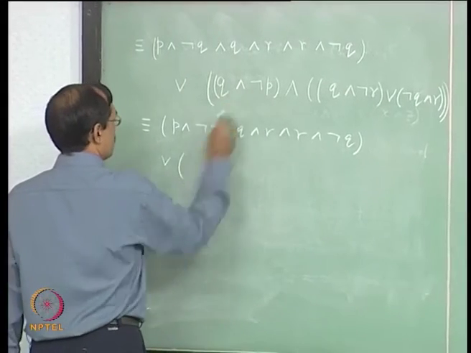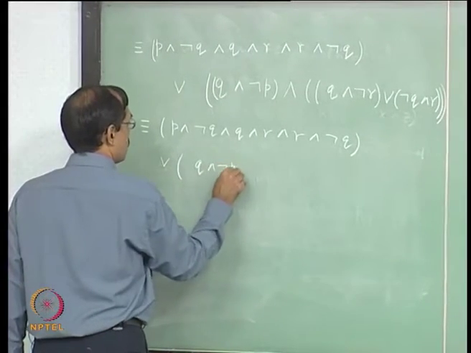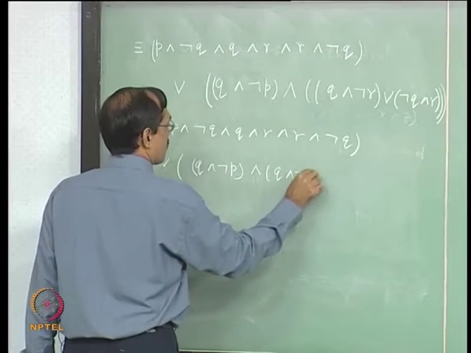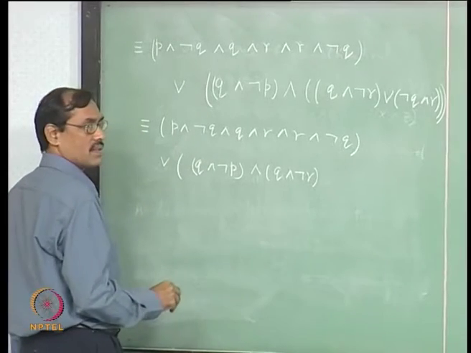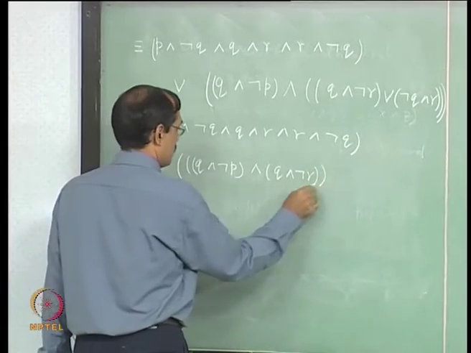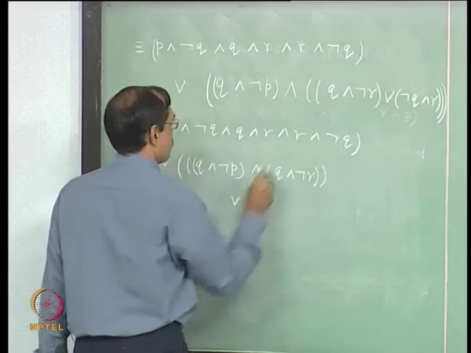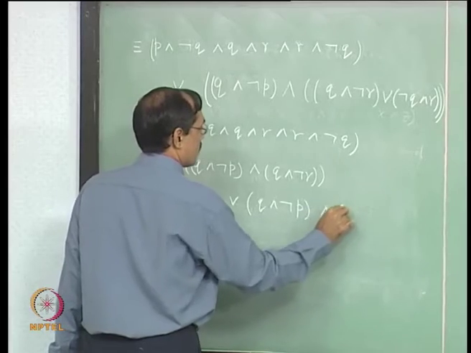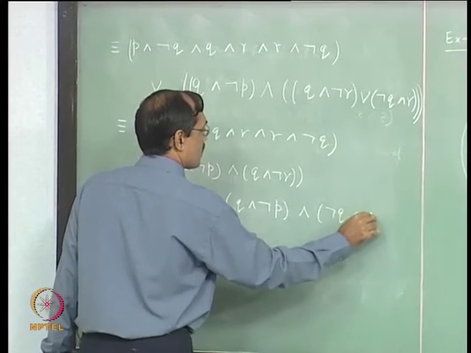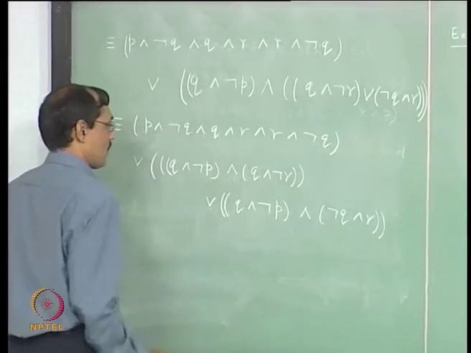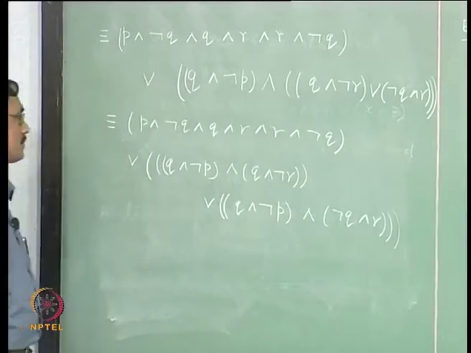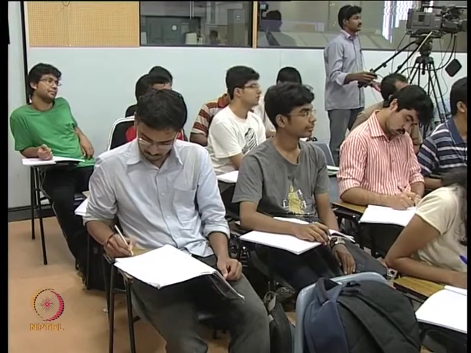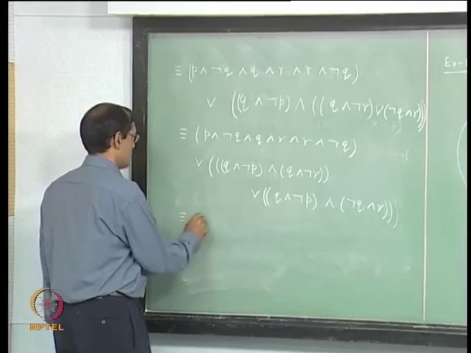Okay. So this is Q and not P and Q and not R, that is one. Other factor is Q and not P and not Q and R. Is that okay? Fine. This is in correct form.